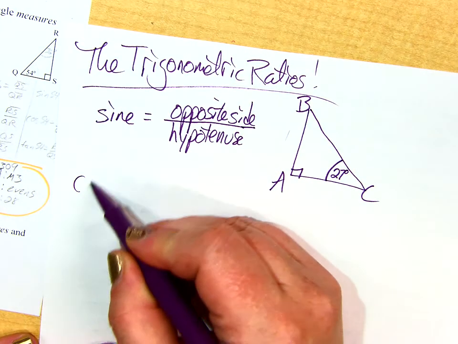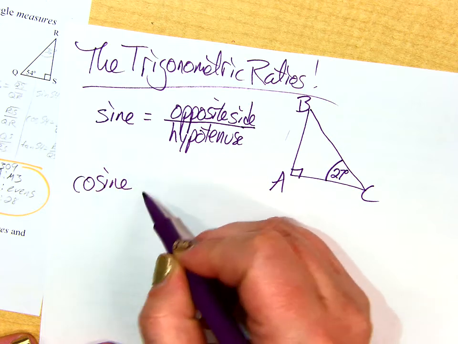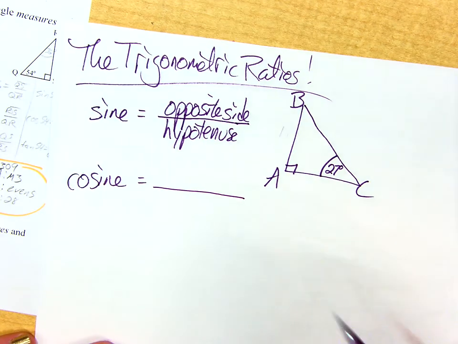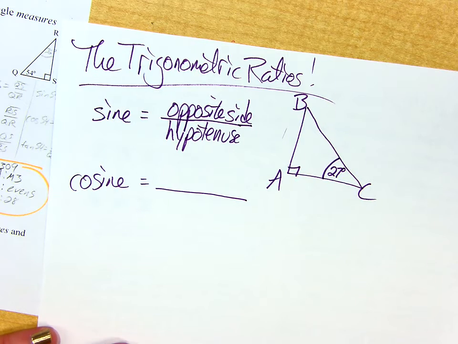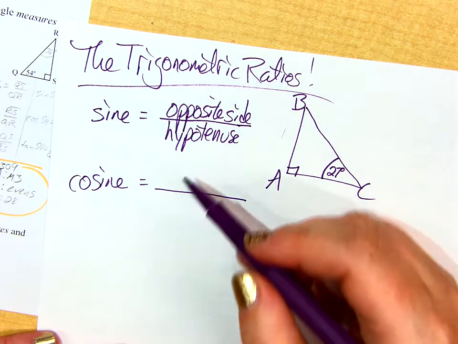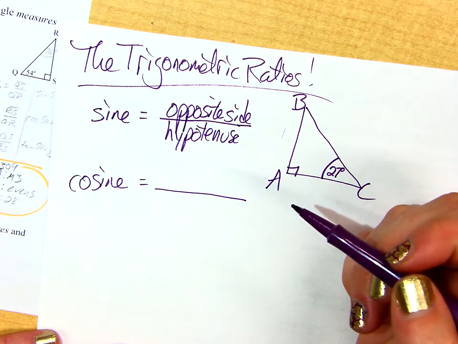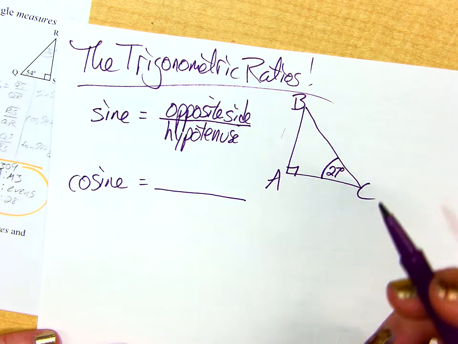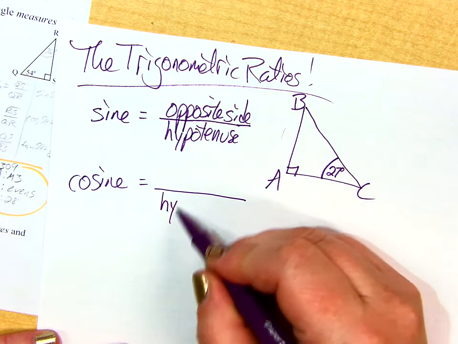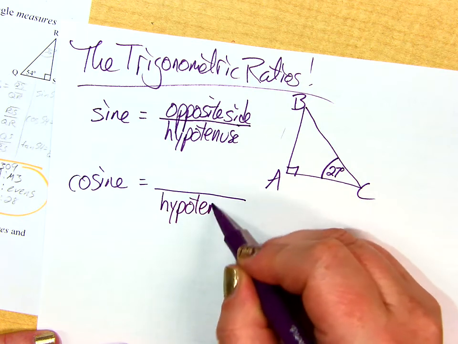The next one is cosine. Cosine is the adjacent side compared to the hypotenuse. Is everybody paying attention to me? Because you're going to be lost if you're not.